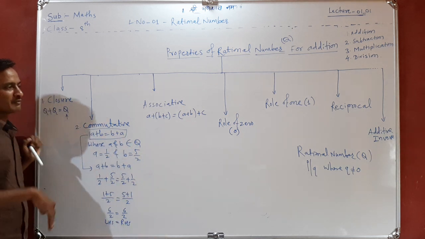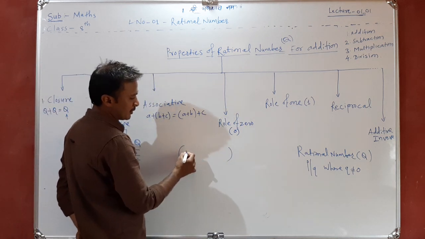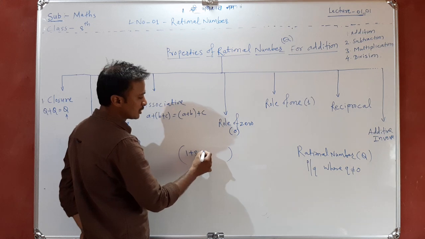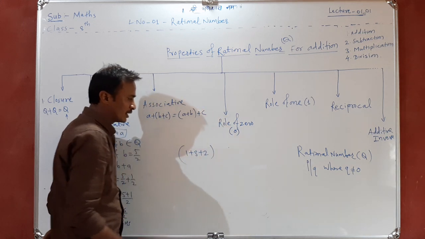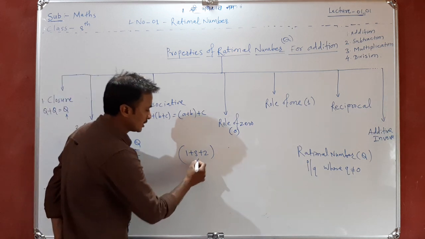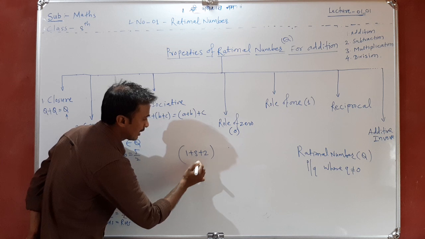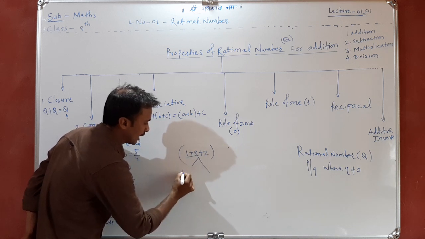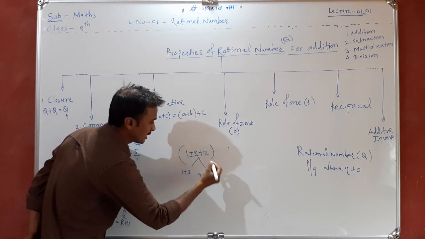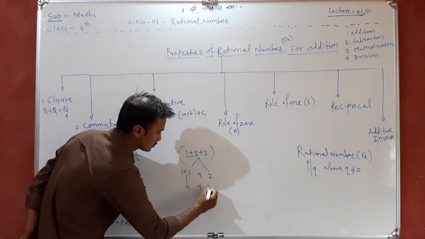Now there are many more types of questions. Let me write one example: 1 + 3 + 2. Many times there is one question in every student's mind. Suppose the addition can be performed in two ways. First I add 1 + 3, then I add 2: 1 + 3 gives 4, plus 2.